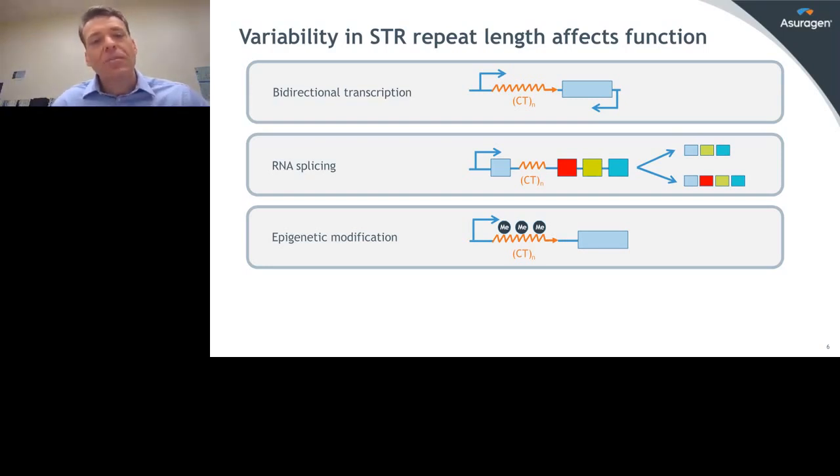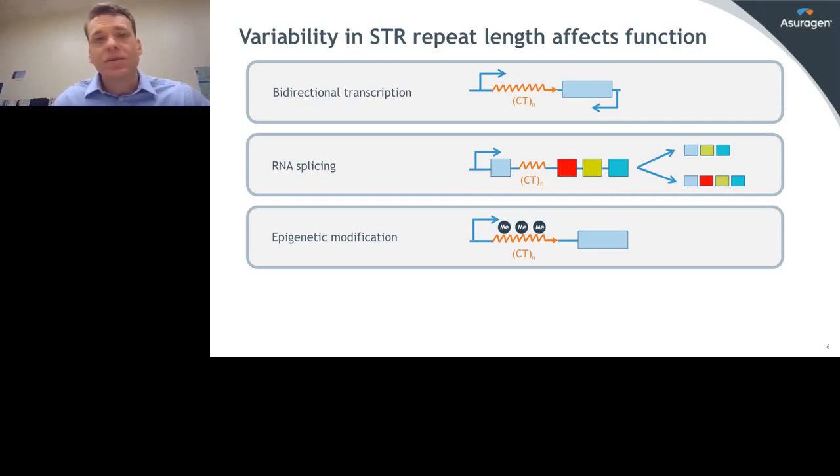Further, epigenetic modifications are well known with pathogenic repeat expansions. Fragile X and Friedreich ataxia are two such examples where, when the repeat exceeds a certain threshold, you see repressive chromatin marks laid down and silencing of the gene, which is directly associated with the consequence of the disorder.